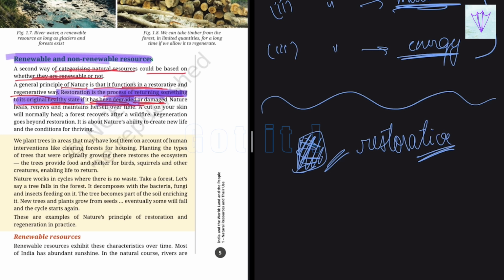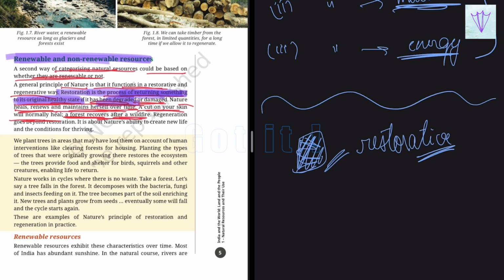Nature will heal, renew, and maintain herself over a period of time. A cut on your skin will normally heal. If a small scratch happens on your hand, it will obviously heal after some days. In the same way, nature also has the healing feature. A forest will also recover from a wildfire.